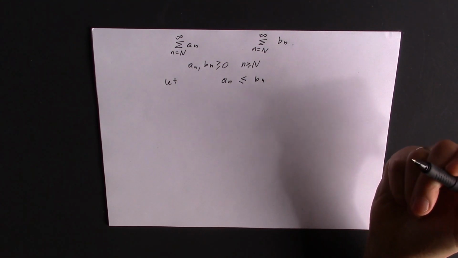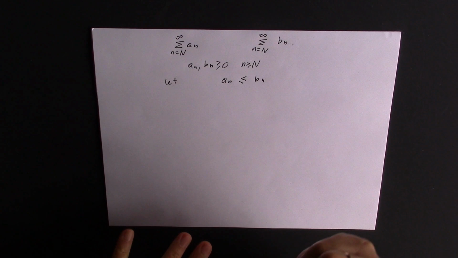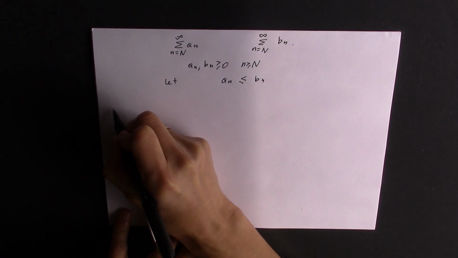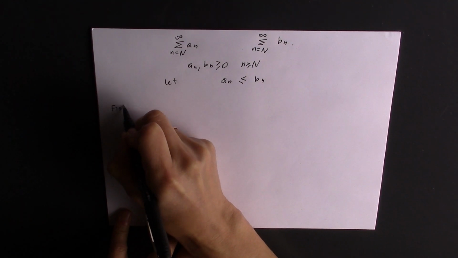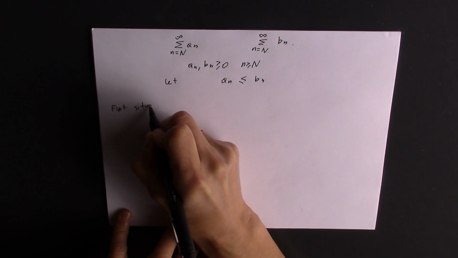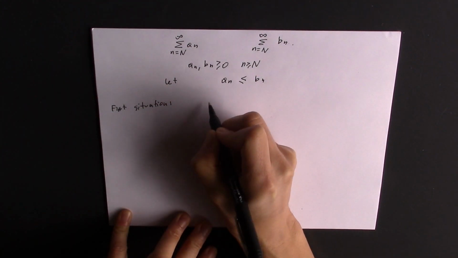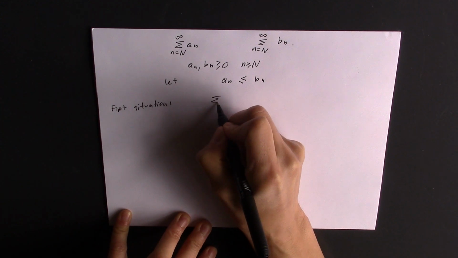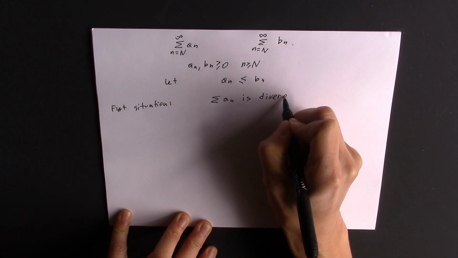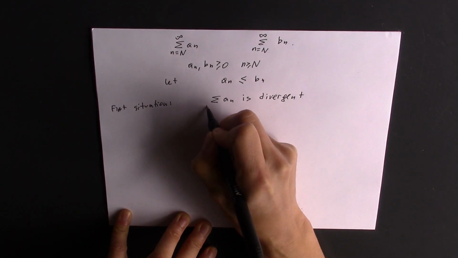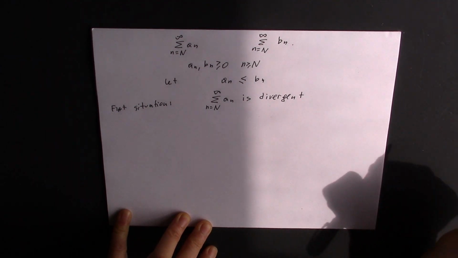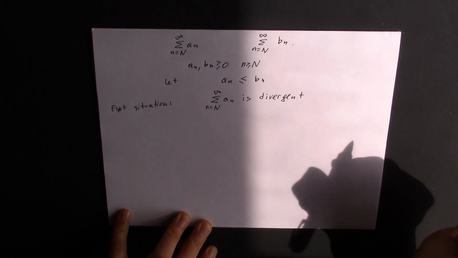Then let's consider two situations. The first situation, if the smaller series is divergent, what can we say about the bigger series?